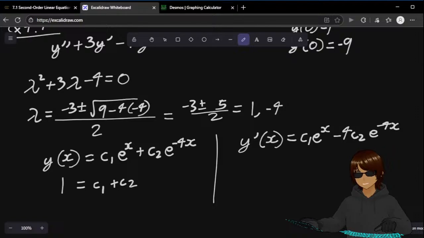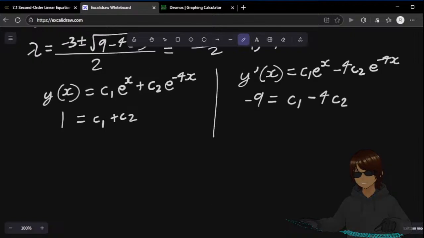This is minus 9, so minus 4 c2. So we have these two equations.